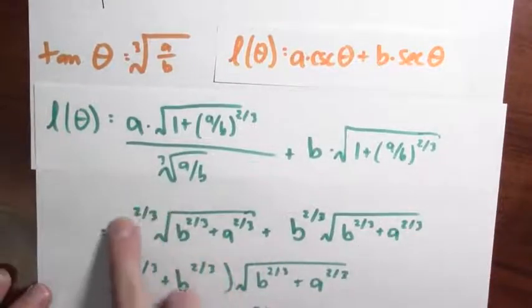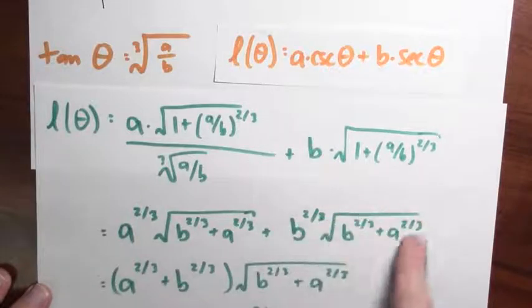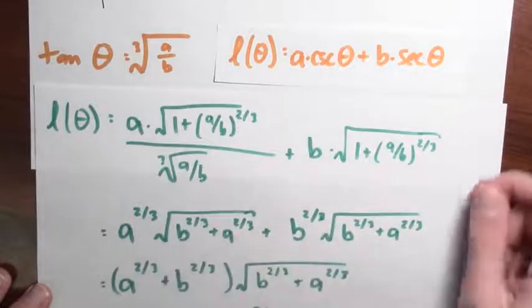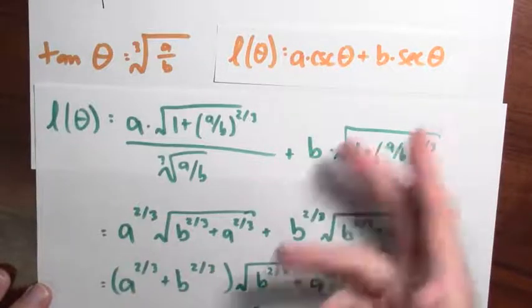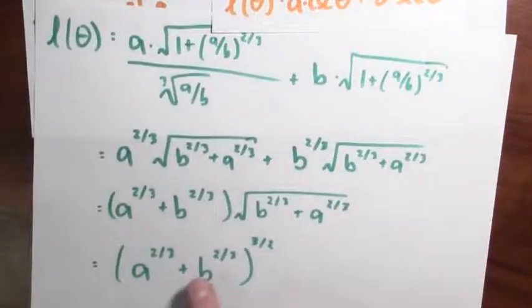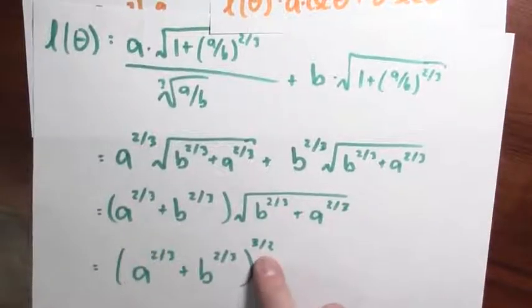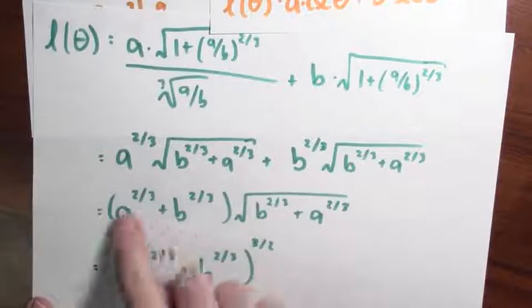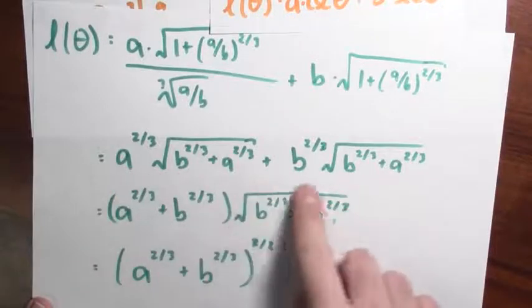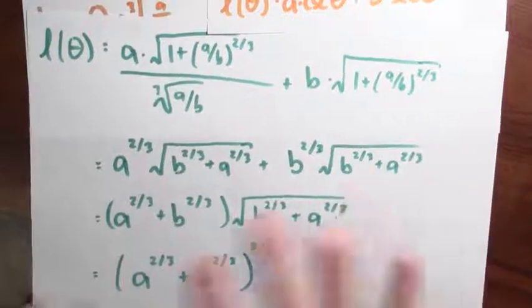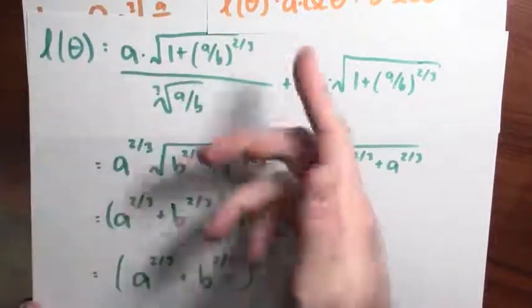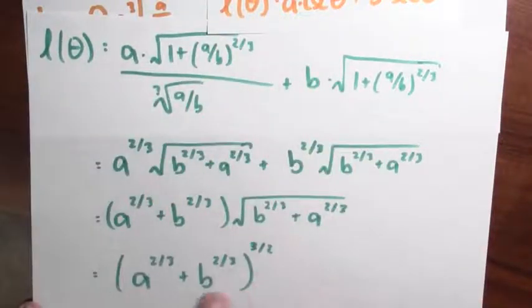So now I've got a to the 2/3 plus b to the 2/3 times the square root of b to the 2/3 plus a to the 2/3. Now this is the same thing here. It's this thing times the square root of that thing, and another way of saying that is just this quantity to the 3/2 power, right? This is this quantity to the first power times the 1/2 power, and that gives me the 3/2 power here. So at the critical point, L of theta is equal to this quantity.